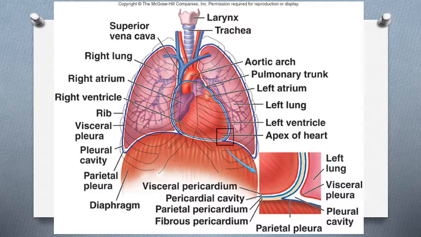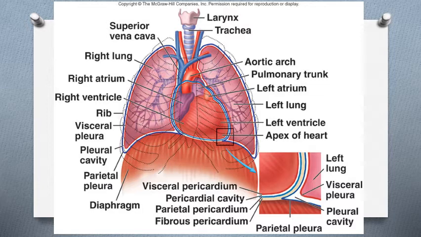You need to be familiar with that. If you're looking at the right side of the page, that's actually the left lung, or you're looking at the left side of the page, but that's actually the right lung. You can see there it's labeled right lung and left lung. So the left lung is a little bit smaller than the right lung.